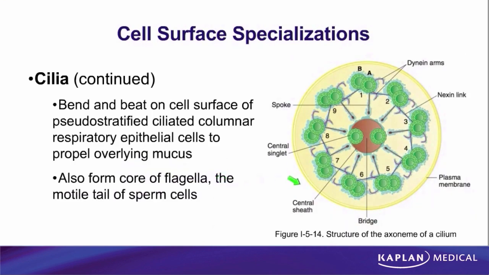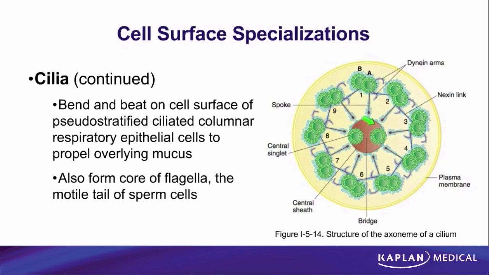Okay? So here's a schematic version of that. Again, the doublets of microtubules surrounding a central pair. Now, we want to have these motile cilia in places where we are projecting into the lumen, in places where we want material in the lumen to be moved.